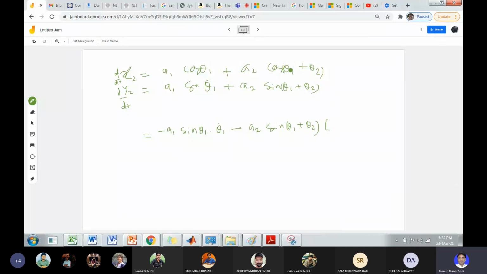So once you take the derivative of theta 1 plus theta 2 with respect to time, what is this? Theta 1 dot plus theta 2 dot. Actually this is not multiplication, simultaneously both the derivatives can be there.